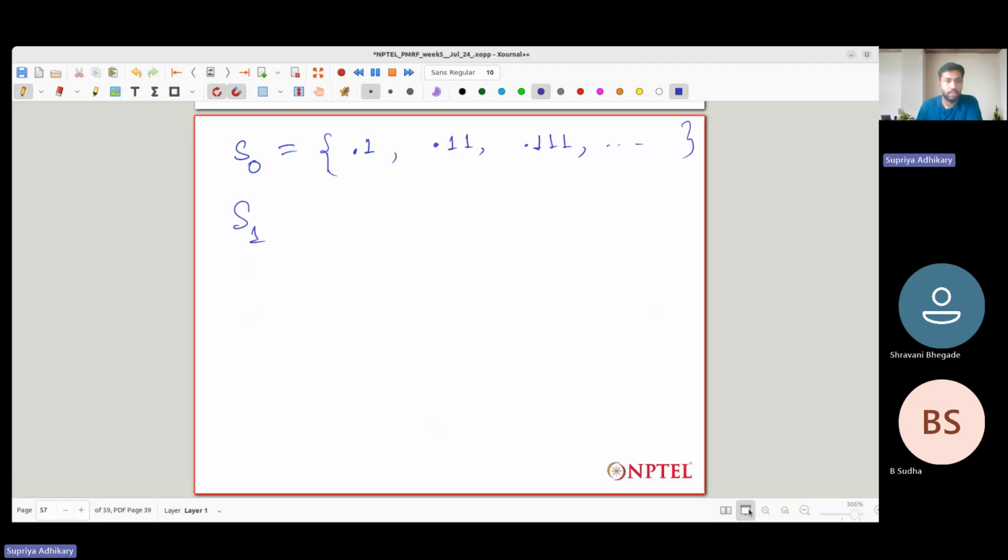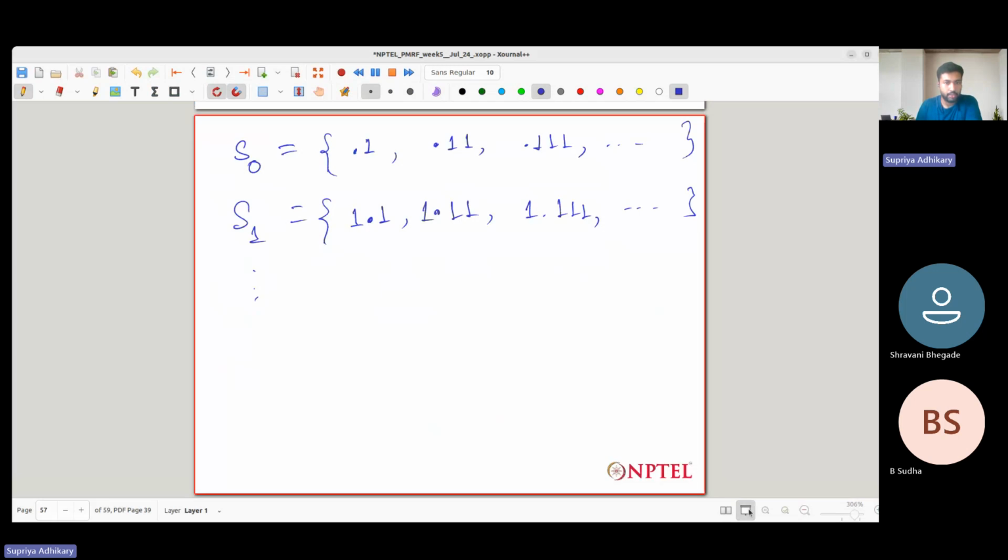We can also consider this set S1, which says that before the decimal there is only 1, and after that, similarly, we will have 1.1, 1.11, 1.111, and so on.